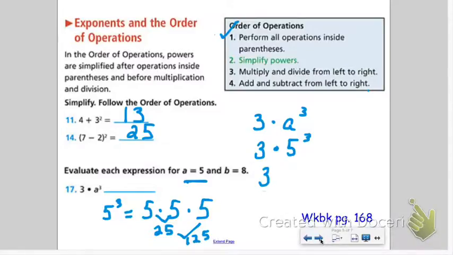So now I have 3 times 125, because that's what 5 to the third power is worth. And now all I have left is, I gotta check off my simplify powers. All I have left is my multiplications and divisions, well, just multiplication in this case. 125 times 3 is going to give me 375.